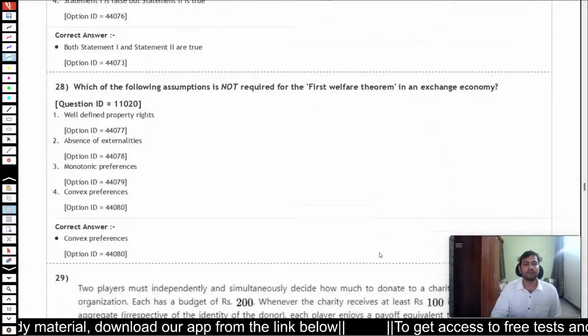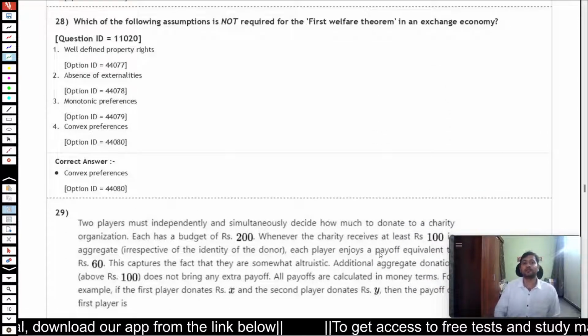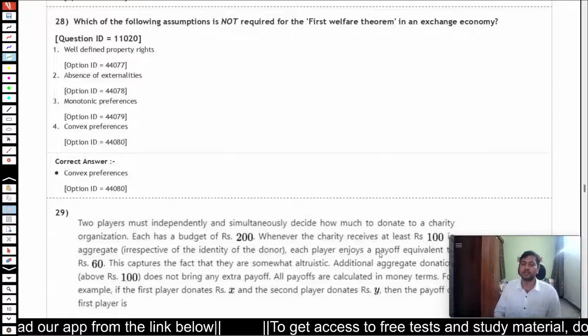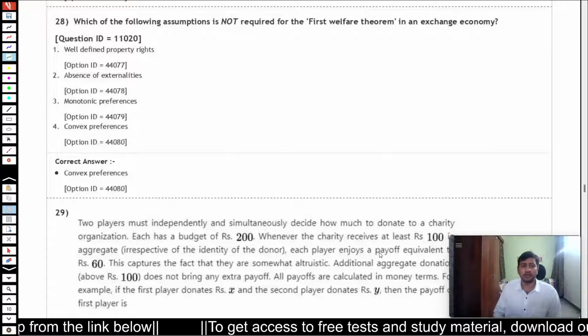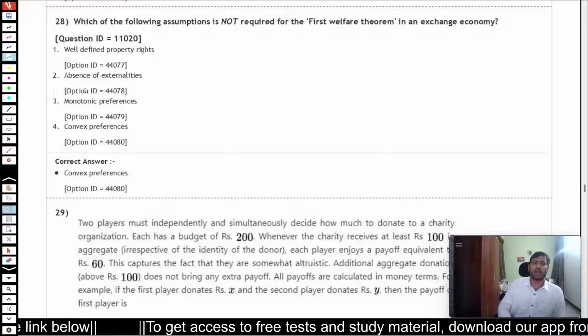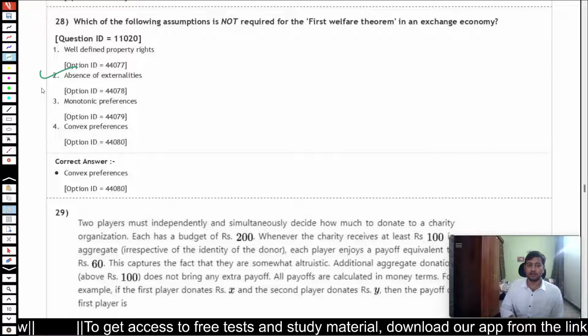All right. Now let's move to question number 28. Which of the following assumptions is not required for the first welfare theorem in exchange economy? Okay, so for the first welfare theorem, which of these things is not required? So absence of externalities is a precursor, right?